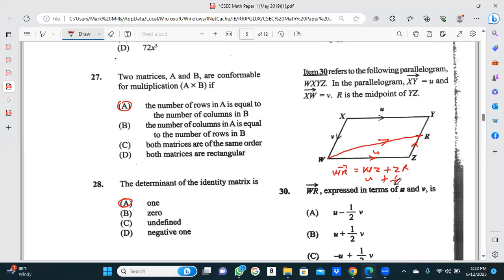So it'll be half V, and the answer should be negative half V. Everybody see that? Why negative? Because the arrow here, X to W, was going down, but I want to go up. I'm going the opposite direction, so that'd be negative. So the answer would be U minus half V. So the answer would be A. Are we clear? Yes, sir.